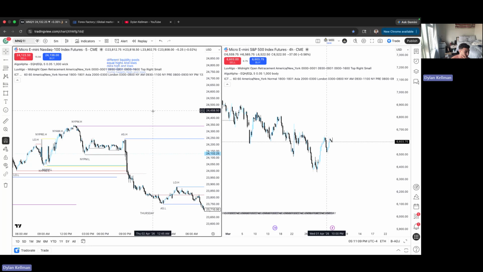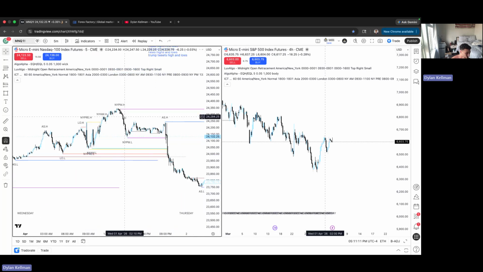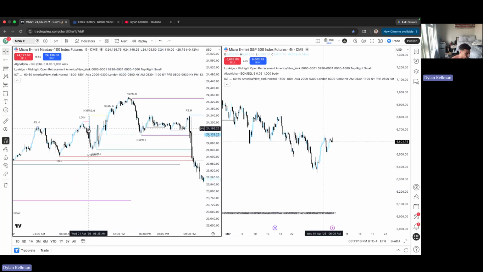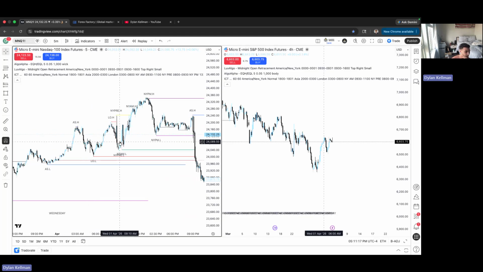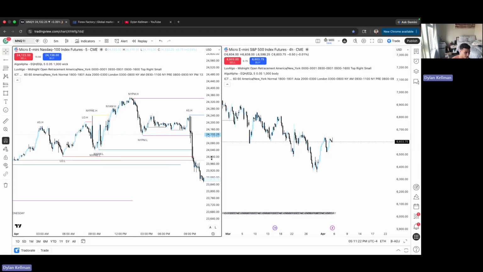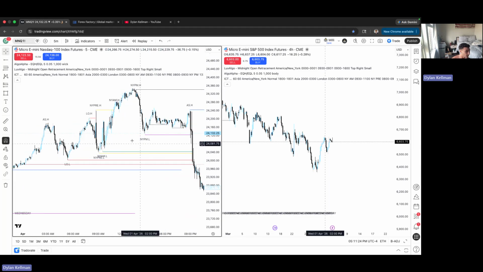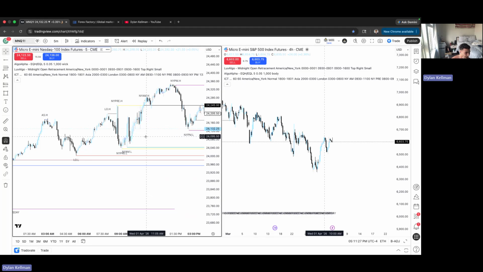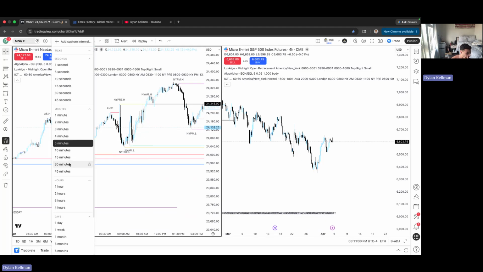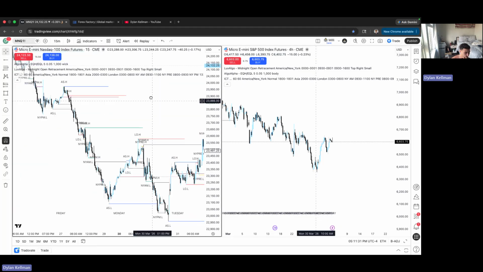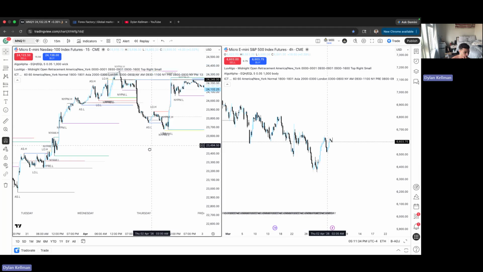So I'm going to show you guys different types. This at 8:40, this high right here, this is a Trump tweet. A lot of people on this day were very bearish. But the problem is, I have this high up here. Let's go back and find it again.